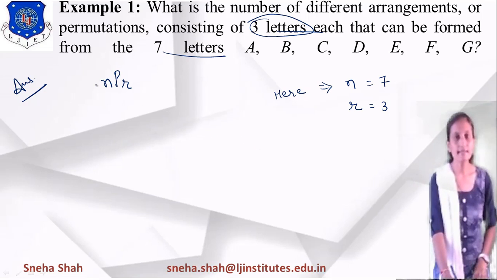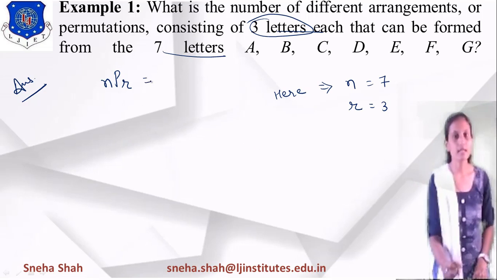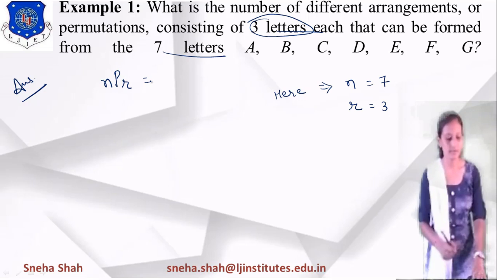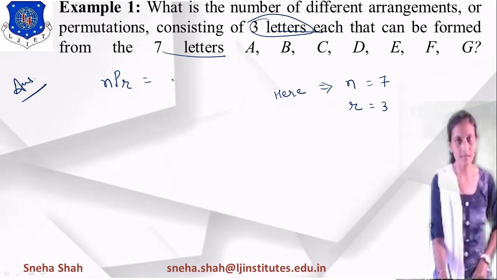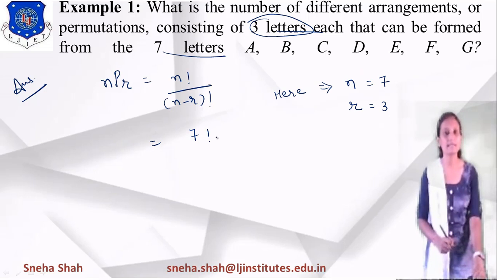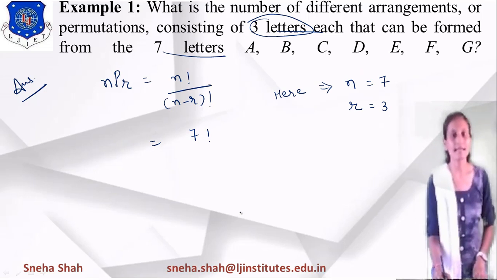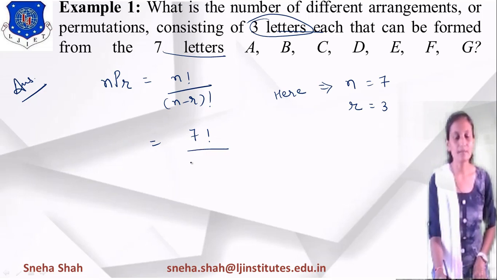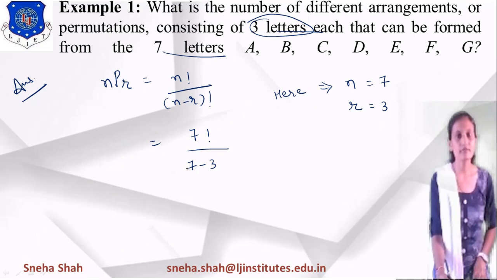So nPr equals n factorial upon n minus r factorial. What is the value of n? n equals 7. So putting 7 here, the term will be 7 factorial upon 7 minus r, where r equals 3, so 7 minus 3 factorial.